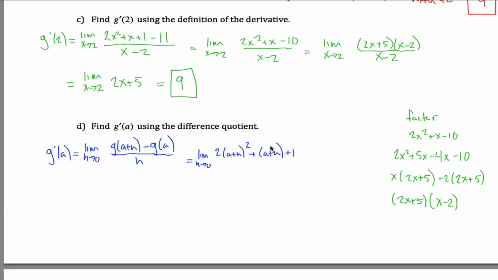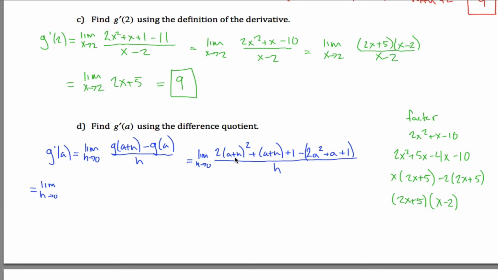Minus g of a. G of a is 2a squared plus a plus 1. And I want to subtract that entire thing and then divide by h. Looks overwhelming, but I know things will cancel out relatively nicely.